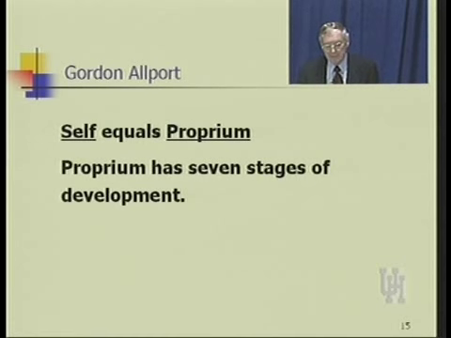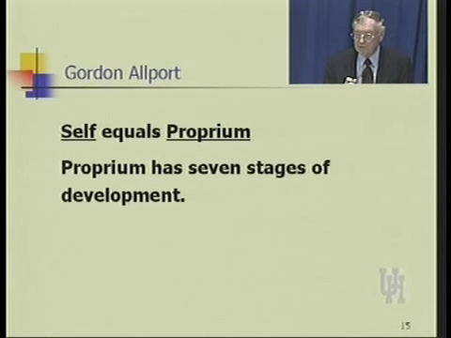He really didn't want to have a stage theory, but he didn't find any way to get around it. So he came up with 7 stages for the developing self.